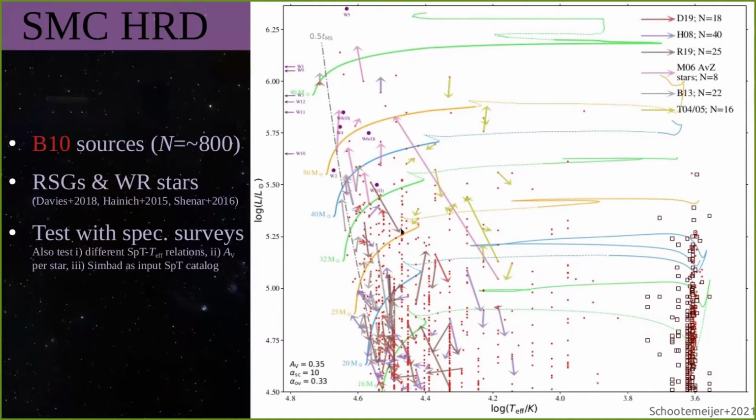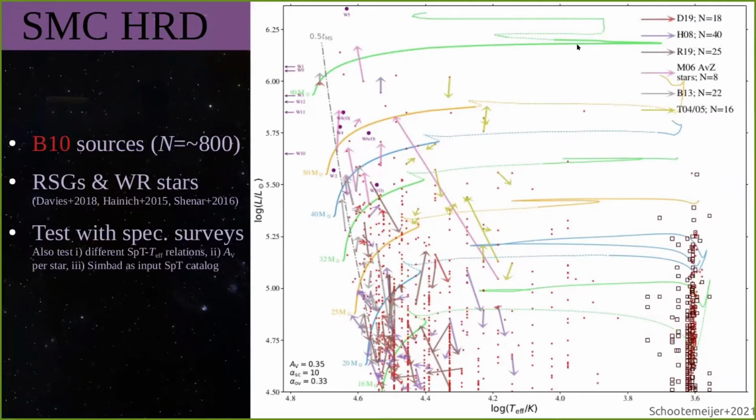And what we see is that while there are individual differences, of course, we are not doing extremely badly with the estimates for the temperature and the luminosity. And also there are no real systematic errors, such as a systematic overestimate of luminosity or temperature.